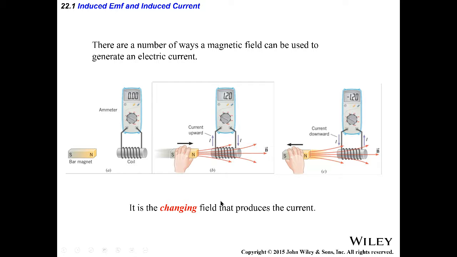That is induction. So the main word that we learn is that you can induce a current even though originally there was no current, and you induce a current by changing the magnetic field that goes through your loop.